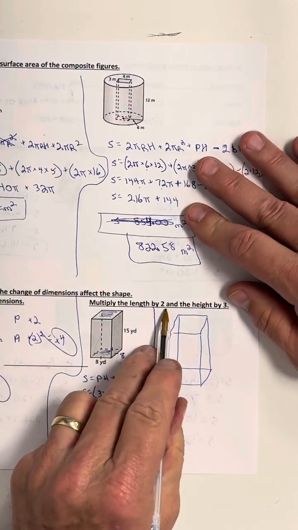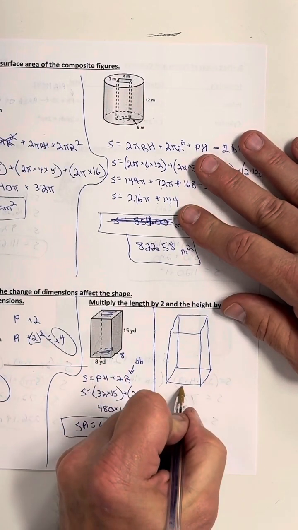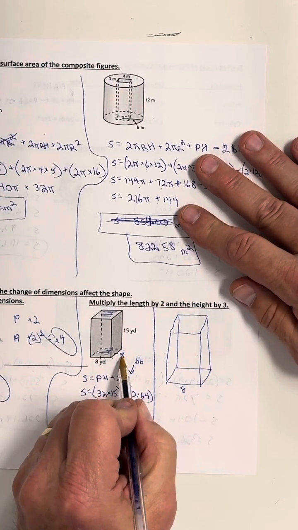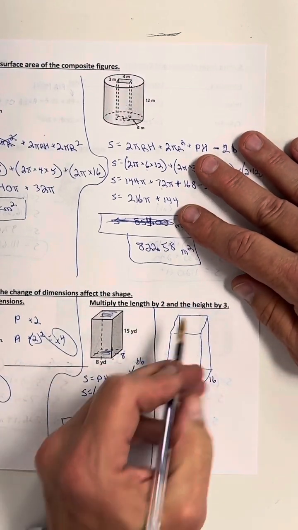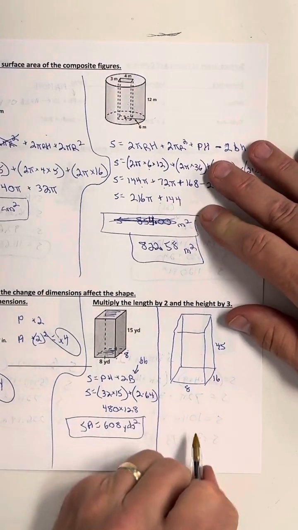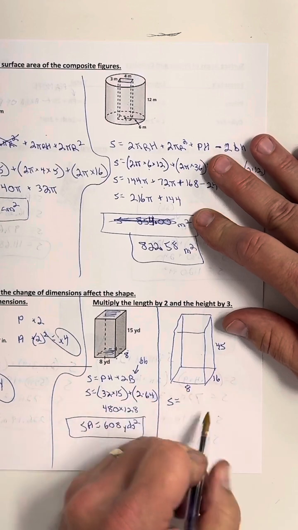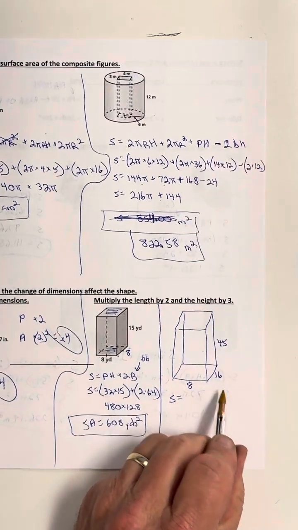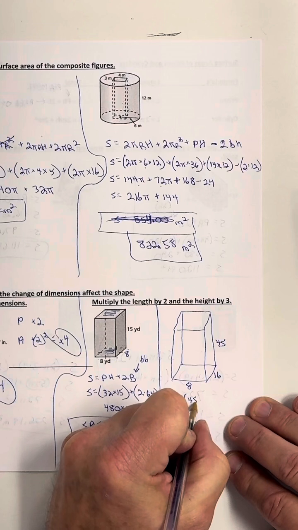I want to multiply the length by 2. So there's the width, there's the length. So 8 stays the same. This would change to 8 times 2, 16. The height by 3. 15 times 3 is 45. Now I have to do the same formula. Here's the formula. Surface area is equal to the perimeter of the base. 8 plus 16 is 24, and 24 makes 48.